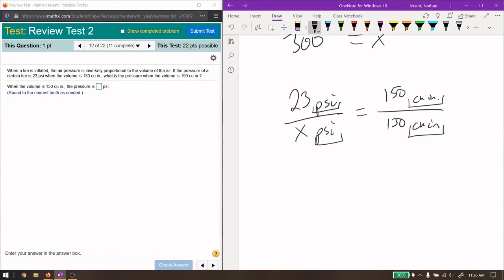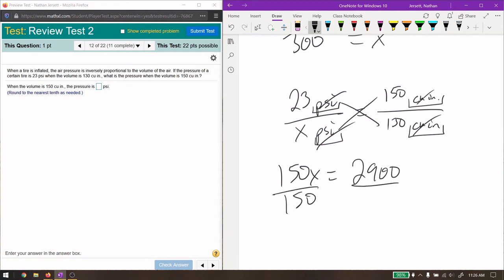That way you have a ratio equals a ratio. That's probably the most important thing when you're setting up proportions, to do it correctly. Okay, cross multiply and divide. 150x equals 23 times 130. And divide by 150.